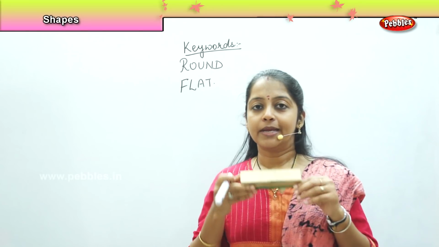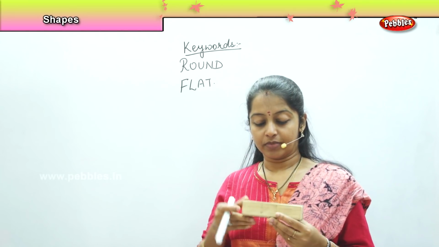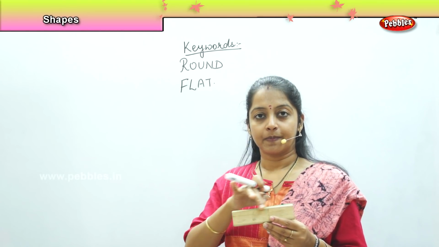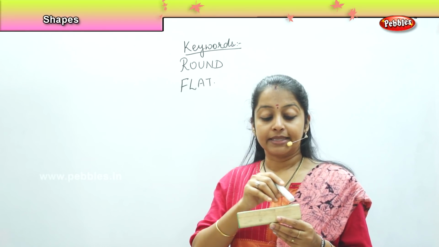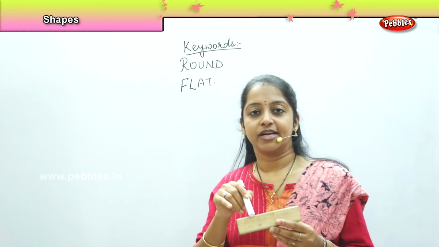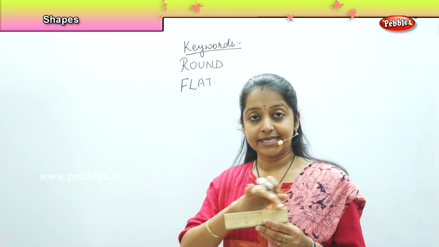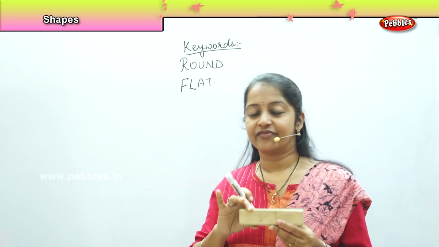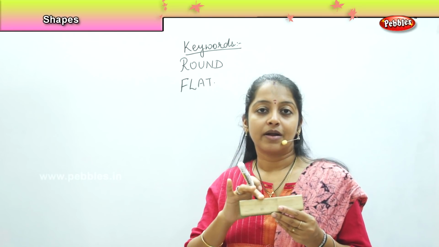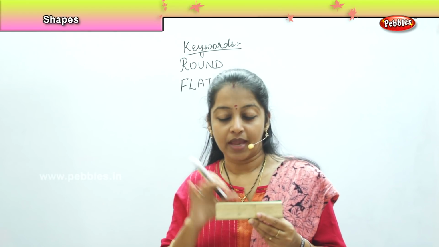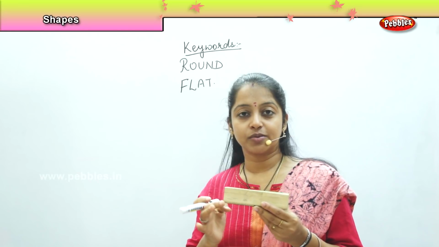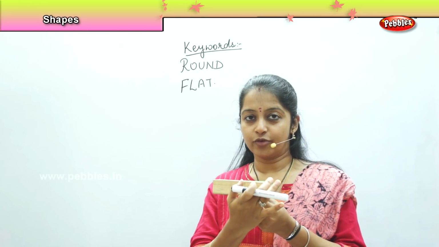Now, when I keep this duster like this, can you see this? Yes, this is called the edge. In a flat surface, the side of each and every shape is called an edge. And the 4 points you see here, can you see the 4 points?